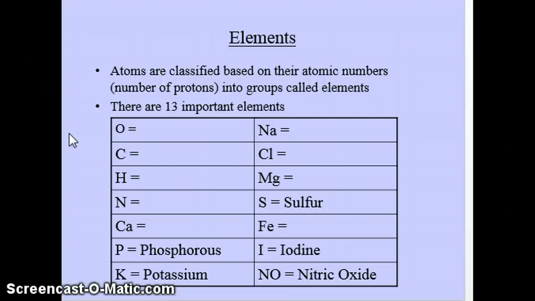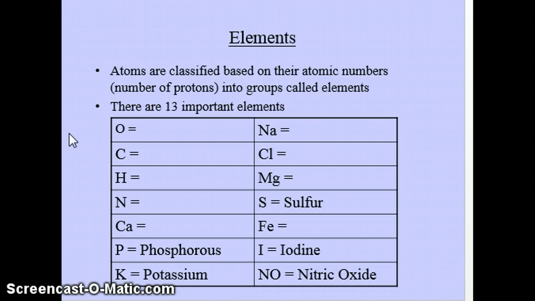So let me give you an example. Let's say that you have two oxygen atoms, and they both contain 8 protons in their nucleus. But one contains 2 electrons, and the other one contains 2 electrons and 1 neutron.